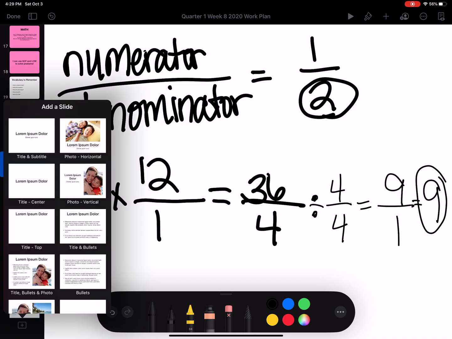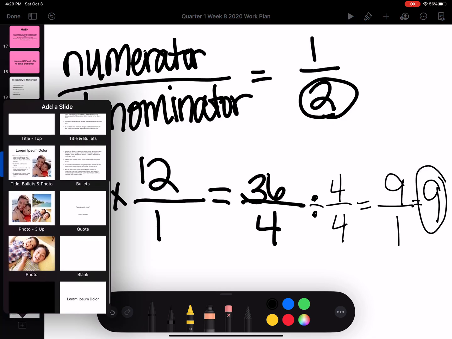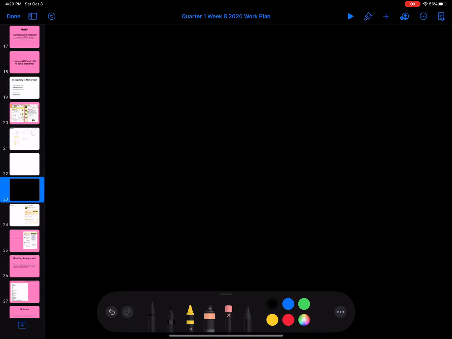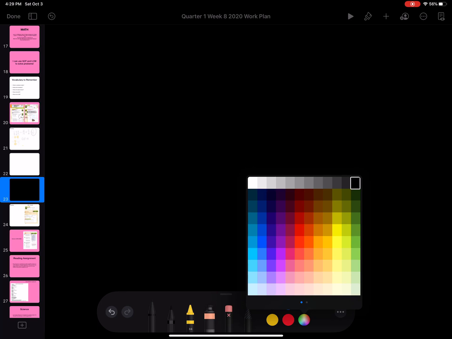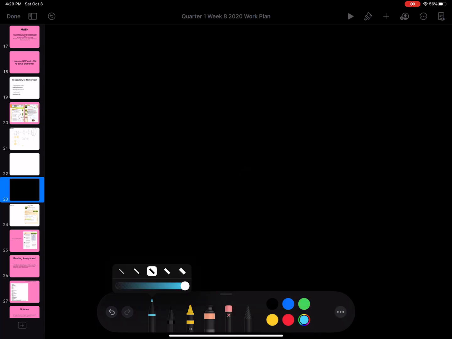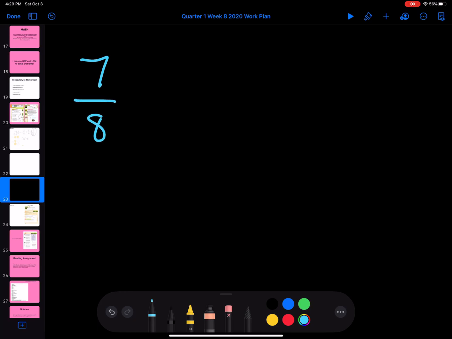Let's do another example, and let's go a little bit slower. Here, we can do some fun colors with this one. So if I have the fraction 7/8 times, let's say, 6.